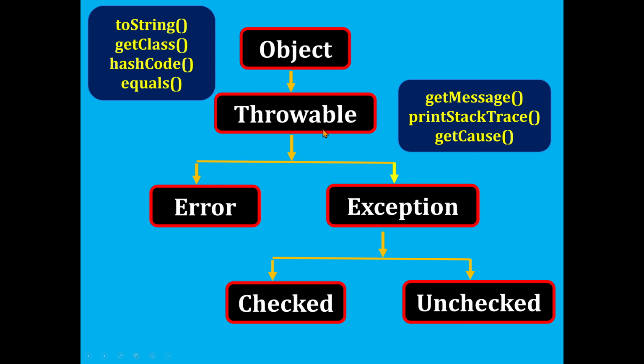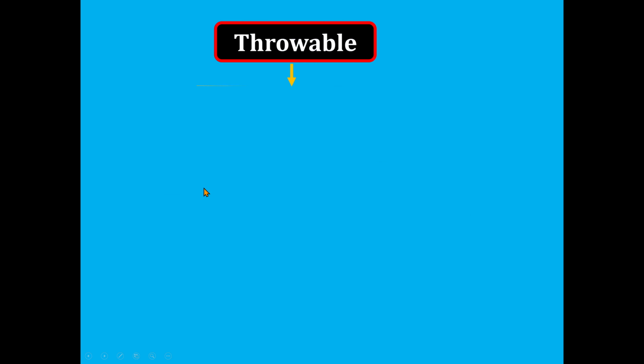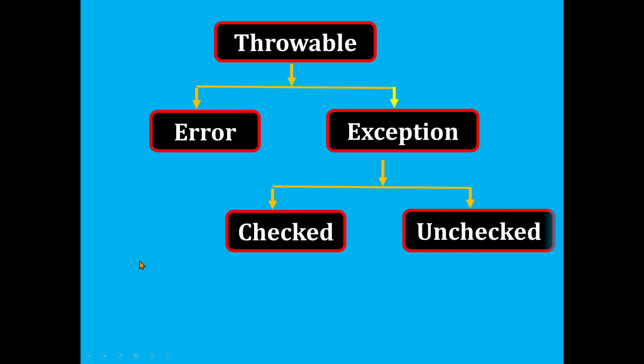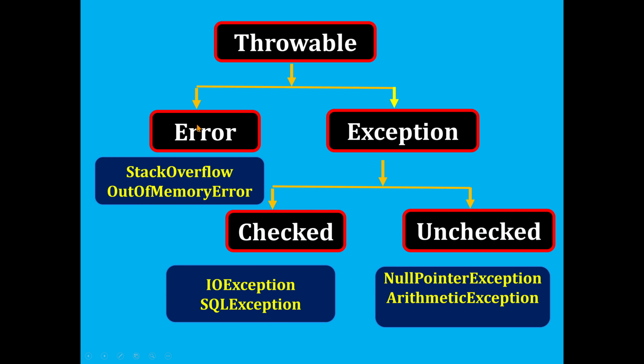The important thing you need to understand is that Throwable is a dedicated class in Java which handles errors and exceptions. Throwable has Error and Exception. Let us see examples of each one. For Error, we can see StackOverflowError or OutOfMemoryError.